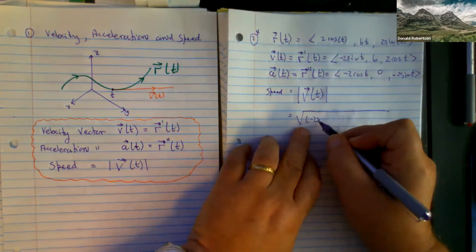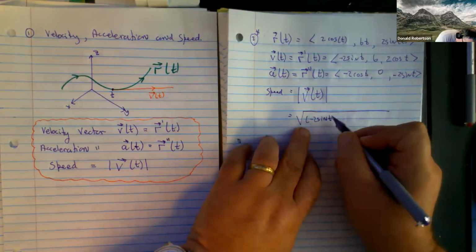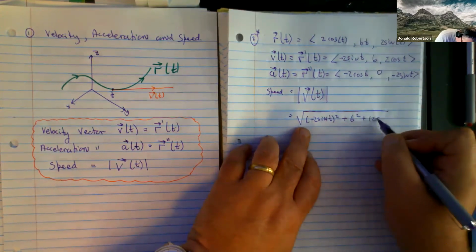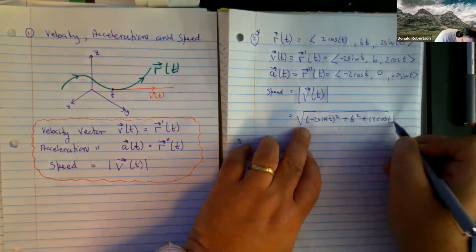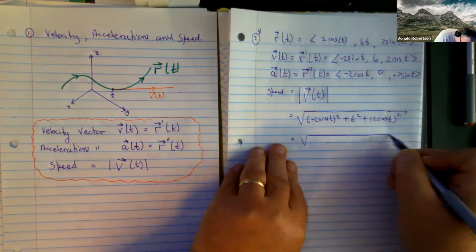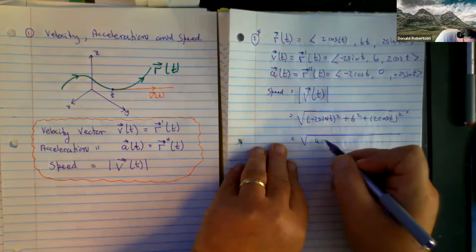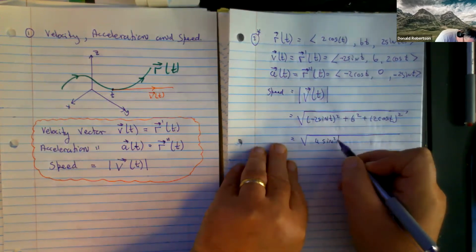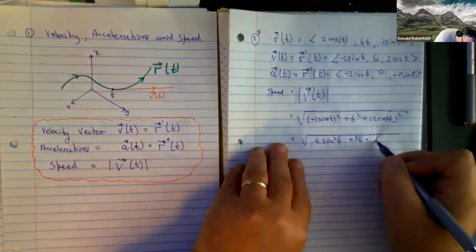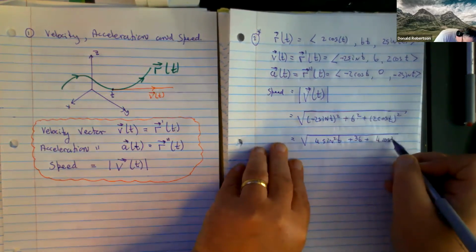So -2 sine t squared, middle guy, and the end guy, all squared. So we're going to get 4 sine squareds. We're going to get 36, and we're going to get 4 cos squareds.